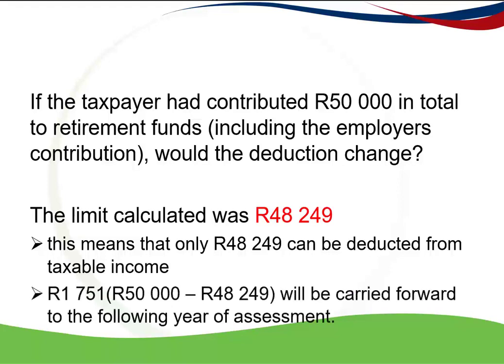And it means an amount of 1,751, which is the difference between what they contributed of 50,000 Rand and the limit of 48,249, will be carried over to the following year of assessment and added to the contributions in the following year of assessment. Remember, if that happens, if you're doing a question, you need to indicate that amount and to show us that you know it will be carried forward.